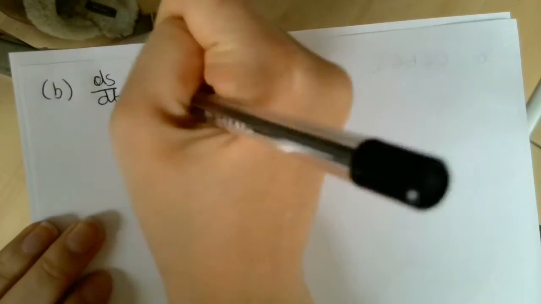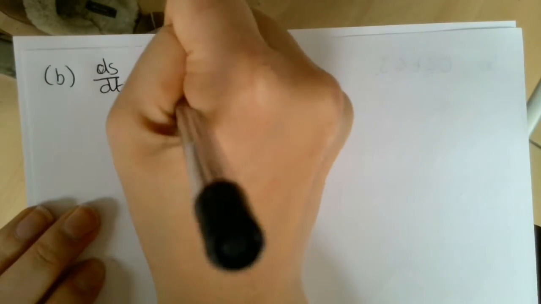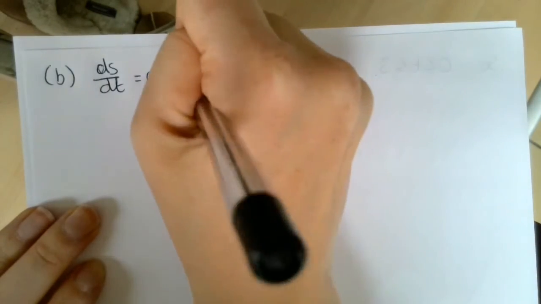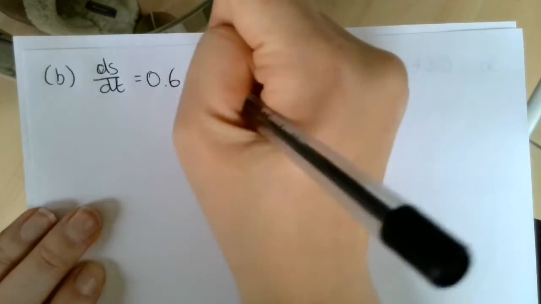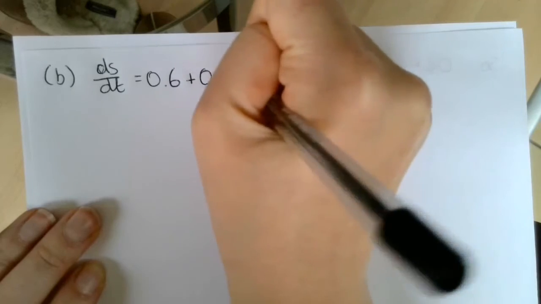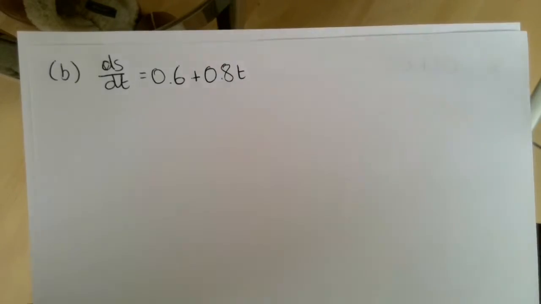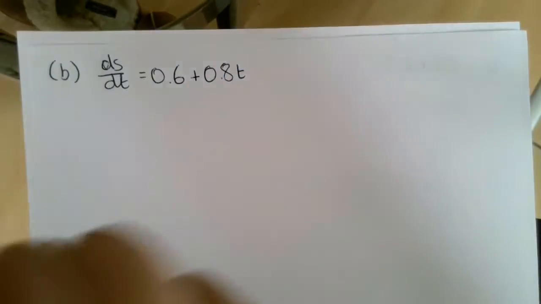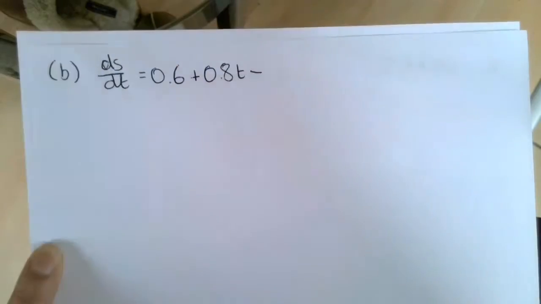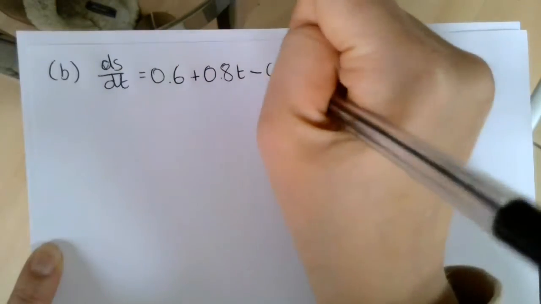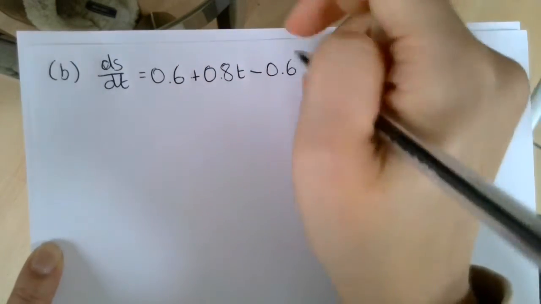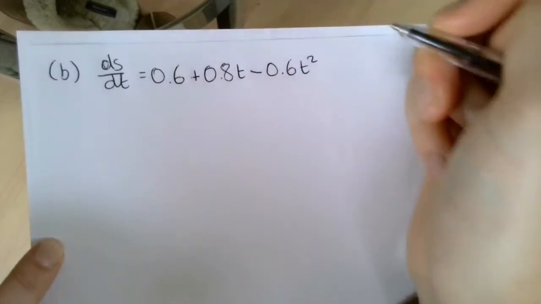So we've got ds by dt, that's equal to 0.6 plus 2 lots of 0.4, that's 0.8, and then we're taking 1 away from the 2 in t squared, which is 1, so we end up with t, and then we're subtracting 3 times 0.2, that's 0.6, 3 take away 1 is 2, so we've got t squared.